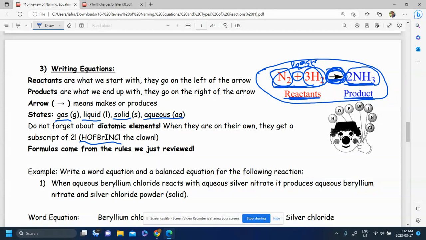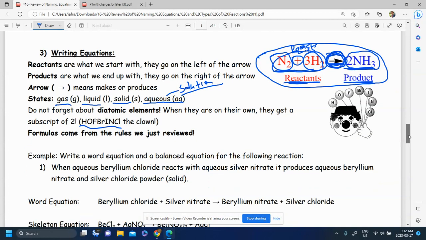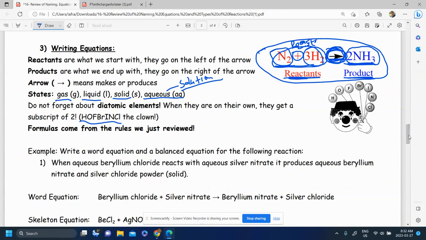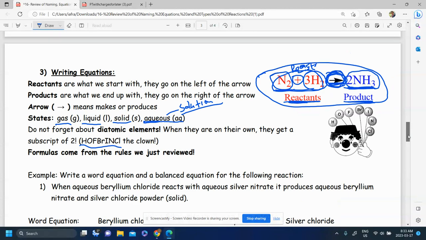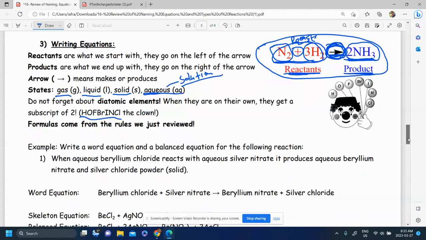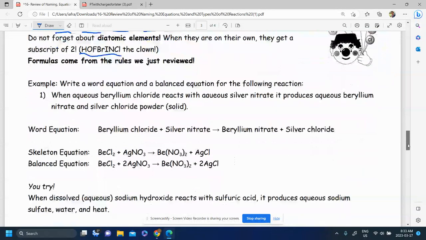When I say solution, that usually means aqueous because it's something dissolved. So we say aqueous dissolved in water. The aqua part means watery, so watery solution. And those are all some basics that you need to remember for writing equations.